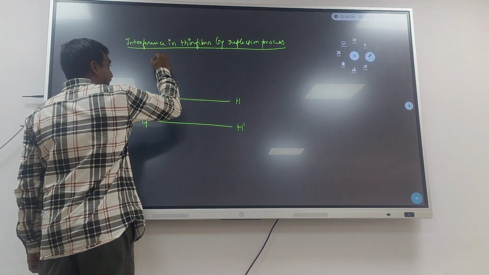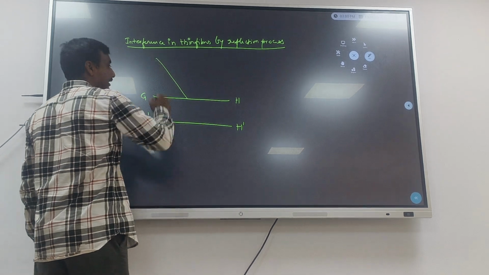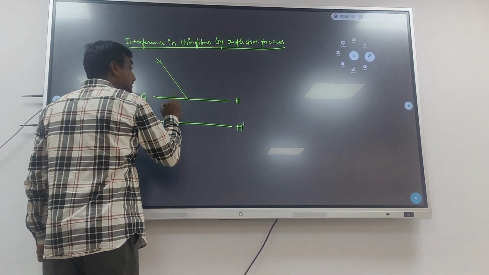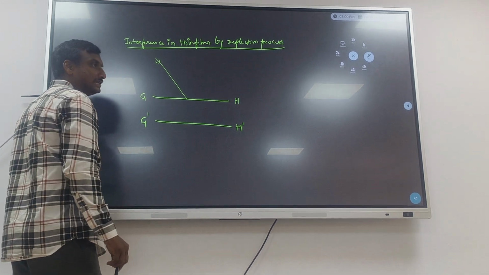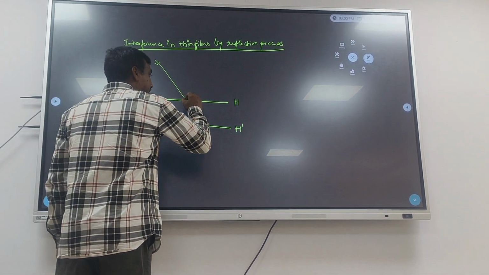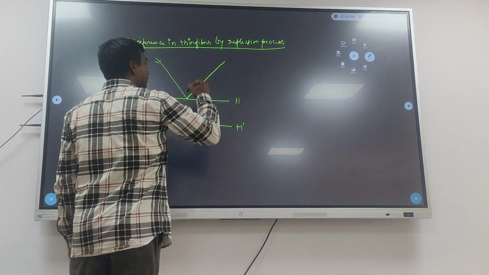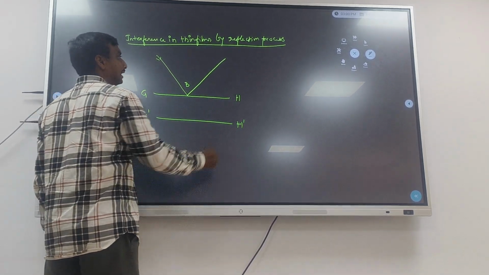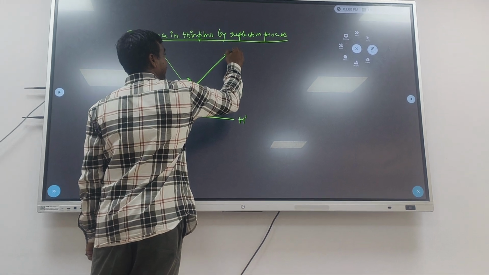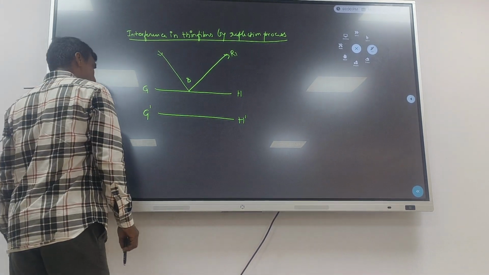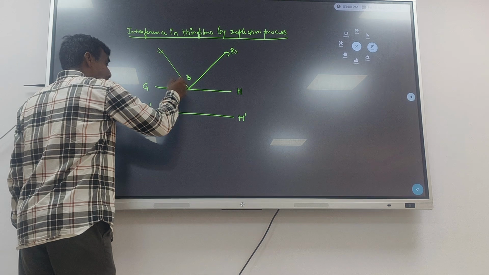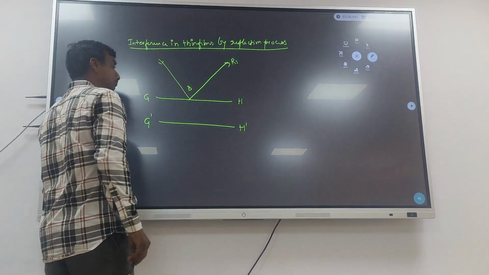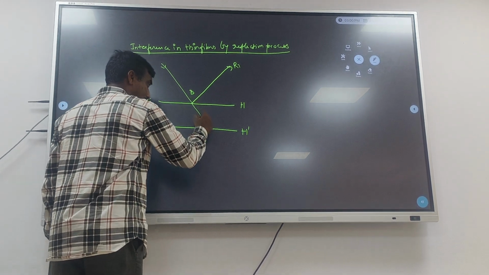Now A is the ray which is incident upon the G and H plane and taking reflection from the point B and reflected as ray 1. So when light is incident upon a transparent material, some of the light will be reflected and some of the light will be refracted.